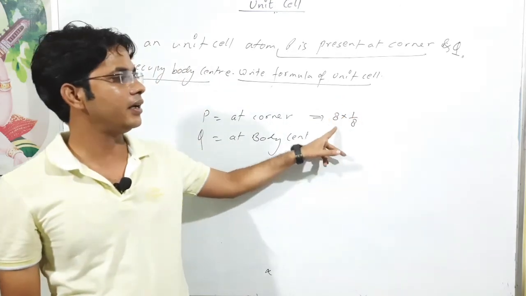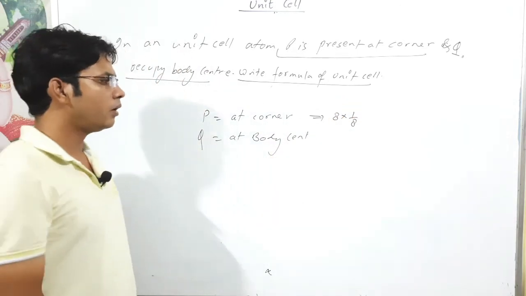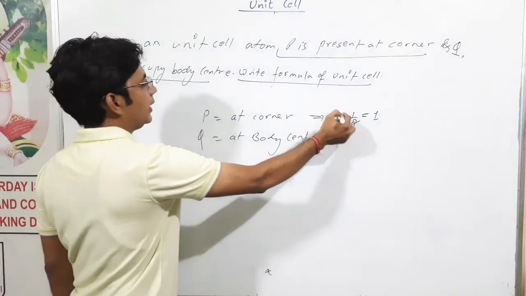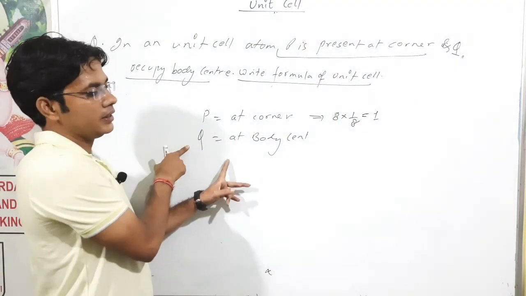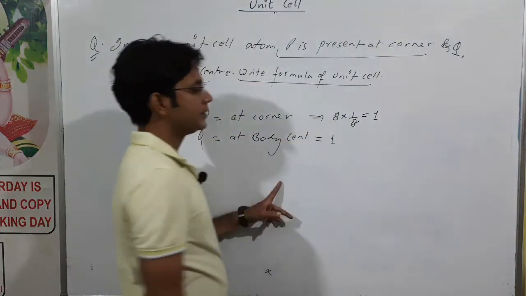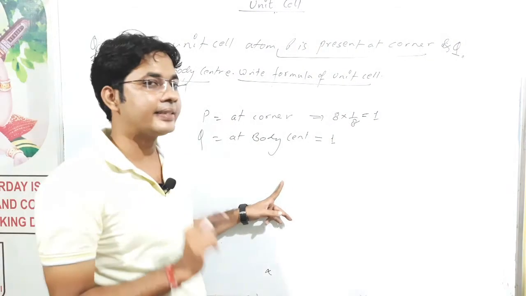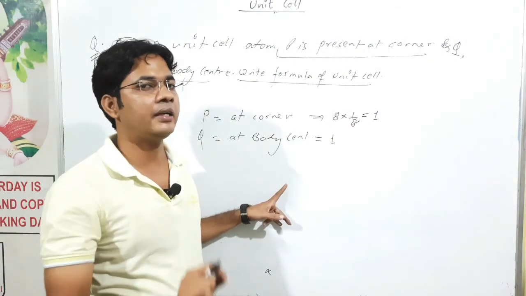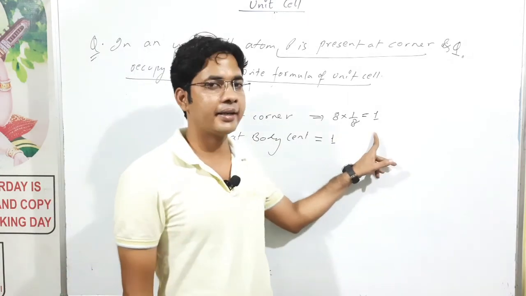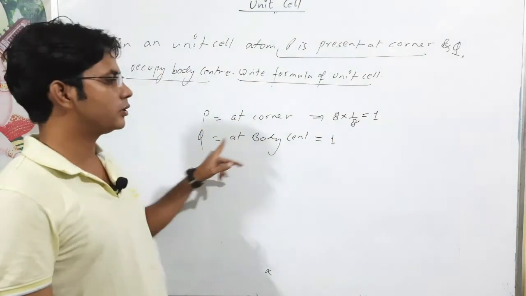So we will write it 8 into 1 by 8. The number of atoms of P will be 1. Now Q is at body center. So the number of atoms at body center is 1 and the body centered atom is not shared with any other unit cell. So there is no sharing calculation and we directly have Q equal to 1.